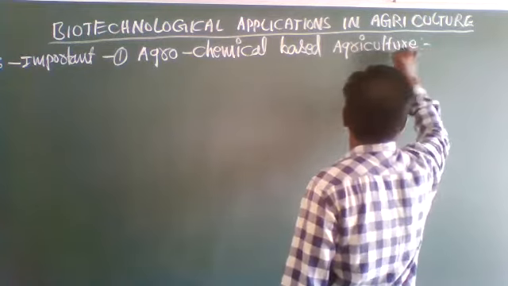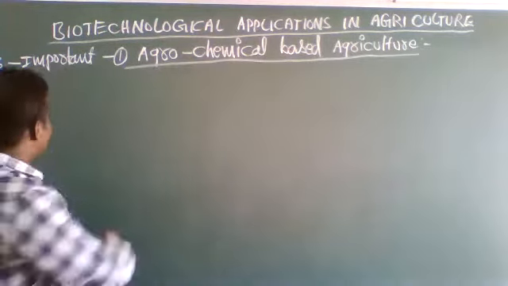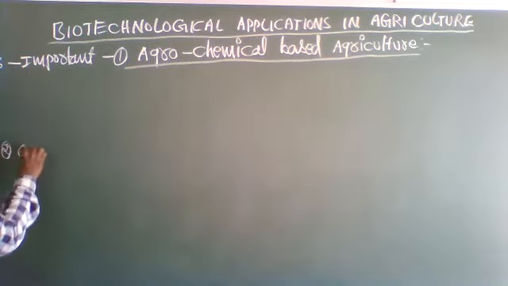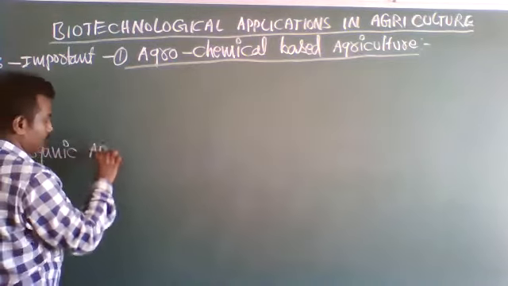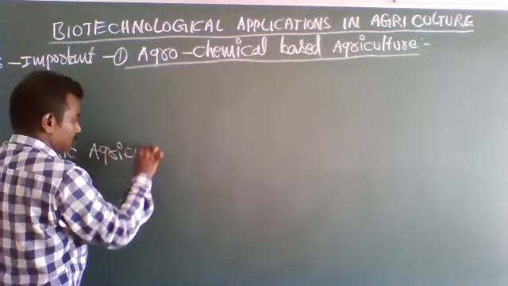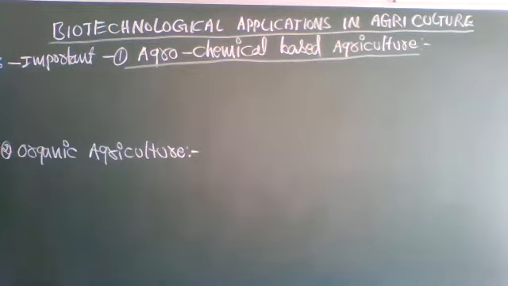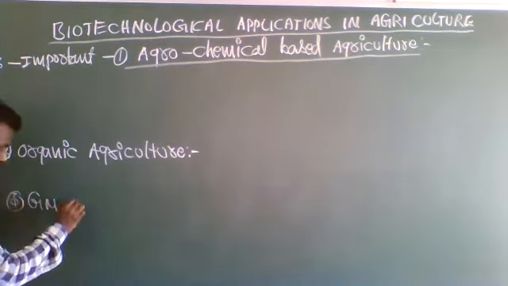The second one is organic agriculture. And the third one is genetically modified crops.